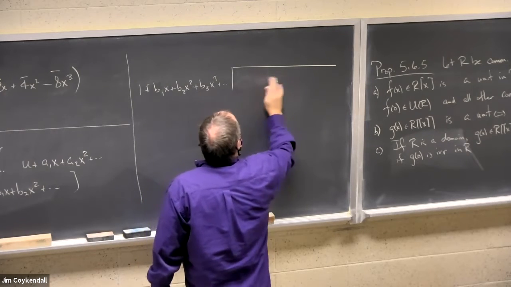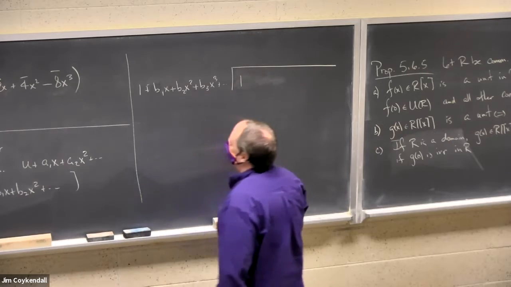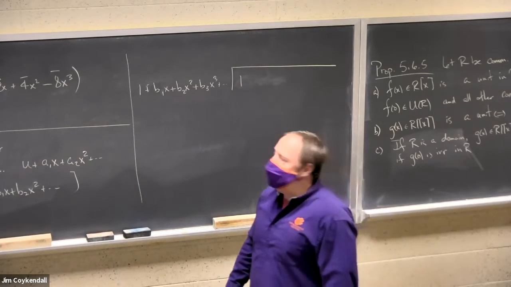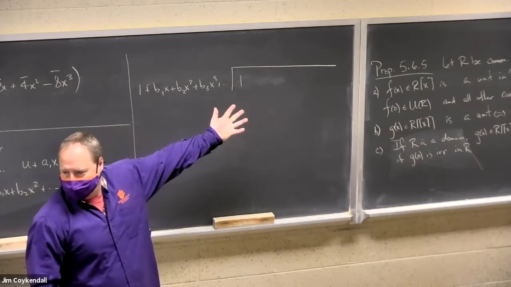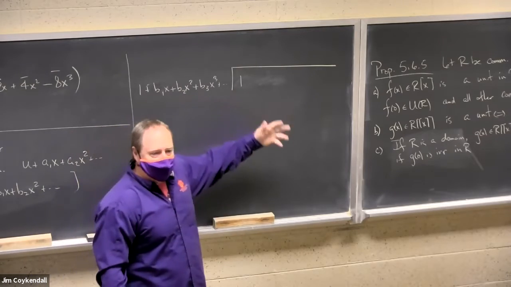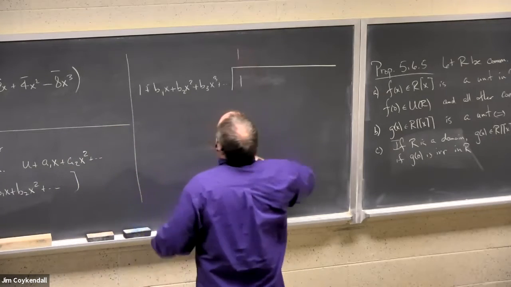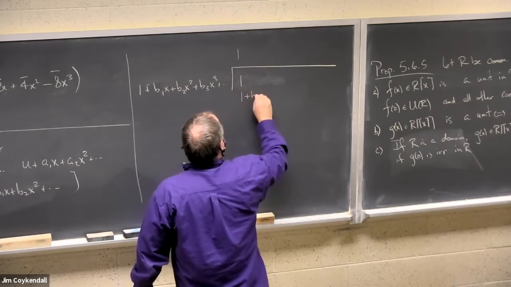Actually, I gotta divide that into 1, don't I? Basically, I have to show that this quotient, when I divide this into this, always works. Well, 1 goes in this many times.